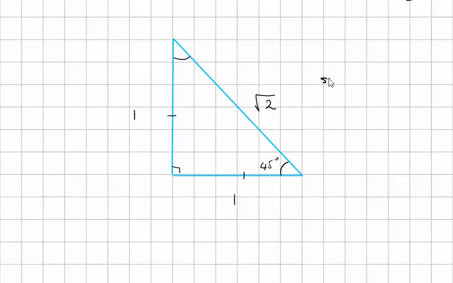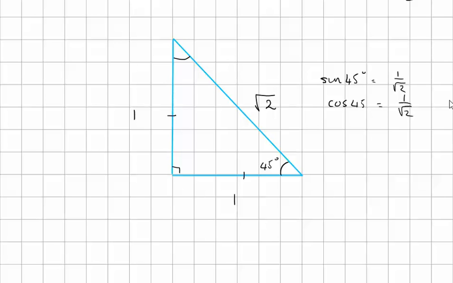So what is sine of 45 degrees? 1 over root 2. Cosine of 45 degrees is 1 over root 2. So if we see that, what do we know about the graphs of sine and cosine of x when x is 45?